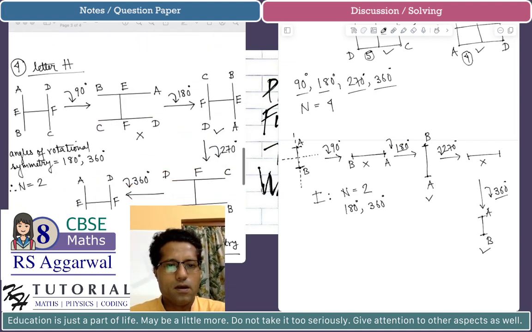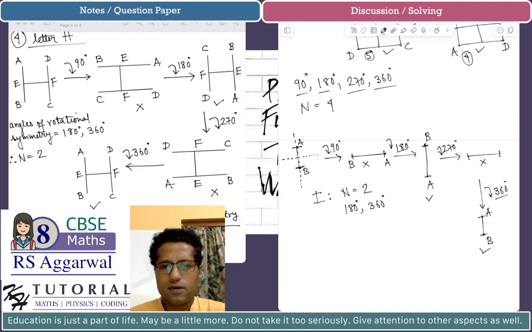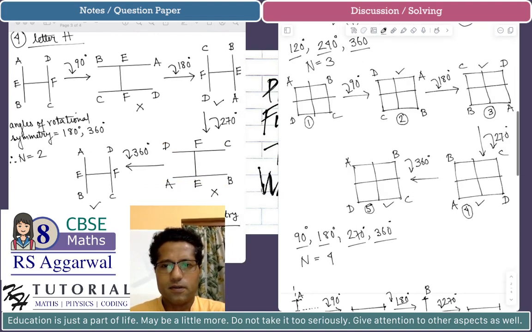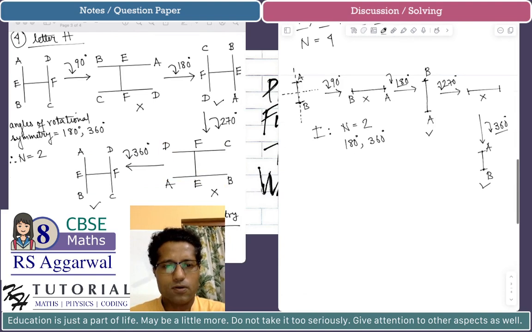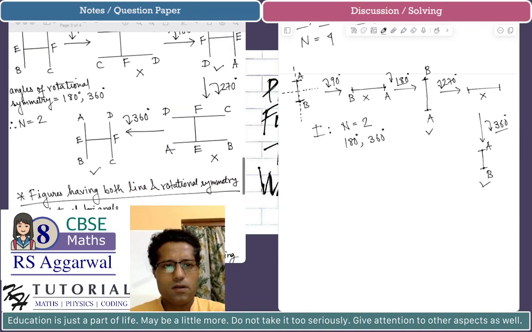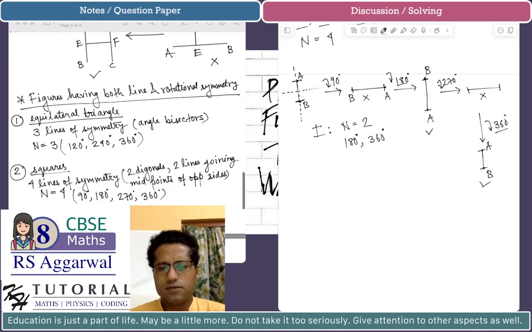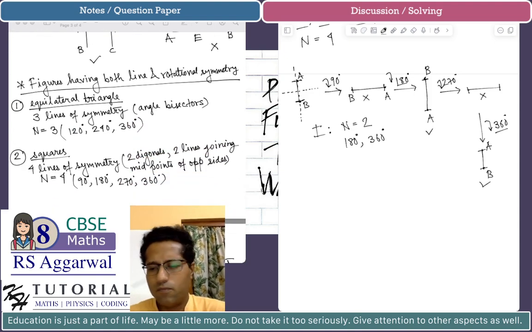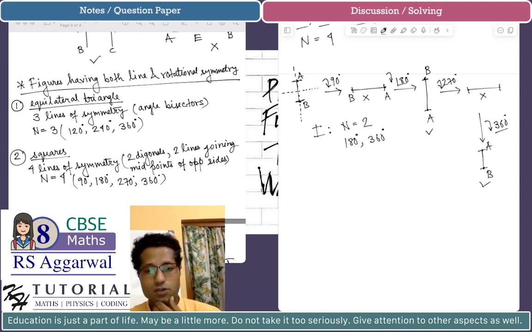Okay. So this was letter H, and I also discussed letter I. Now there are some figures which have both reflection symmetry and rotational symmetry.